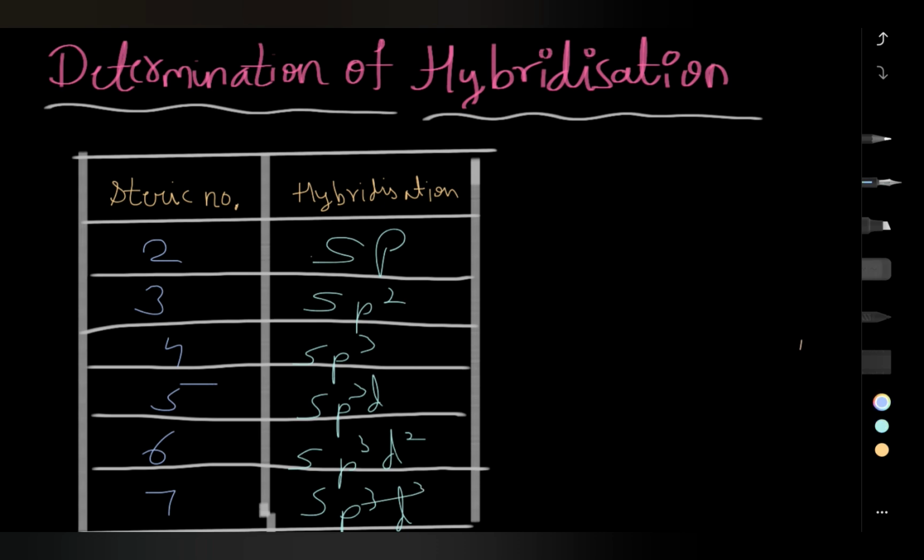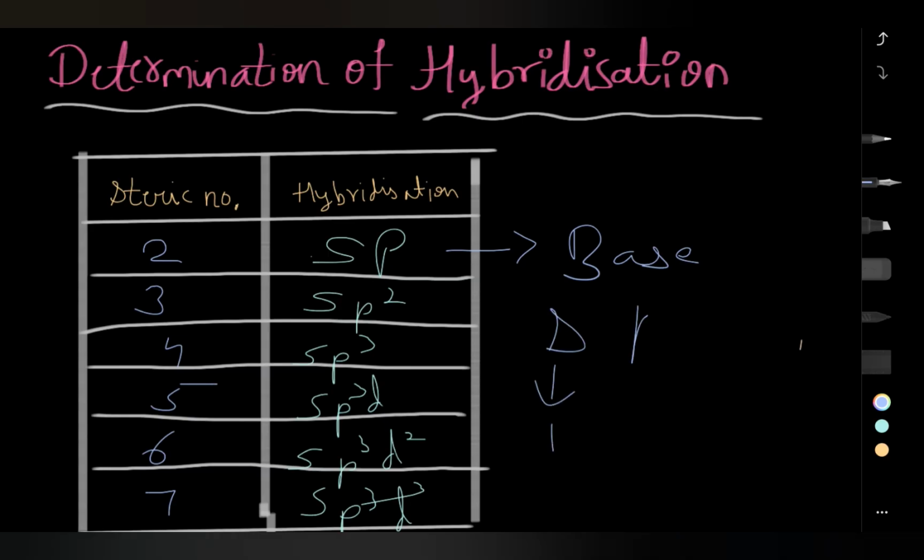How to remember this? sp is the base. S will always be 1, P will be maximum 3, and D is maximum 3.